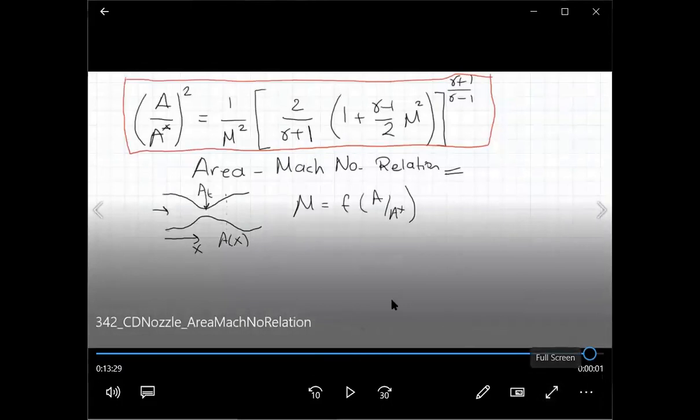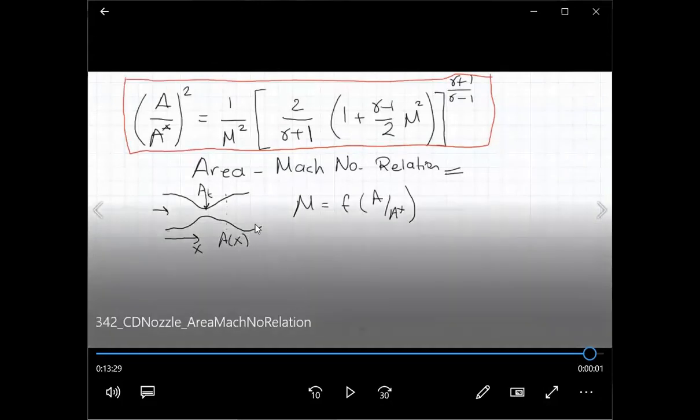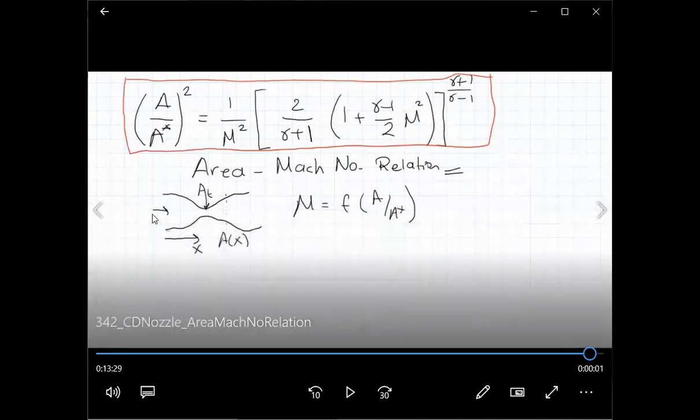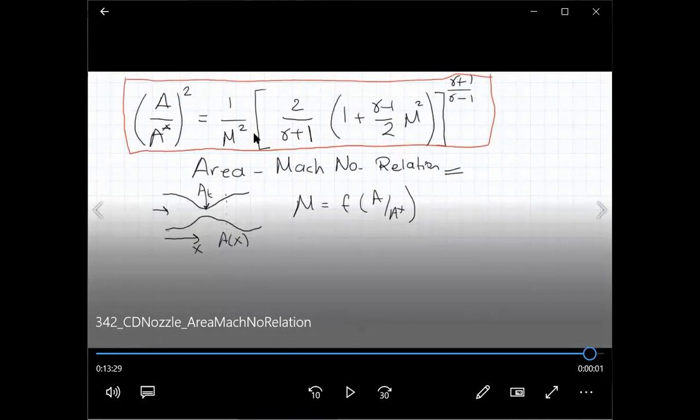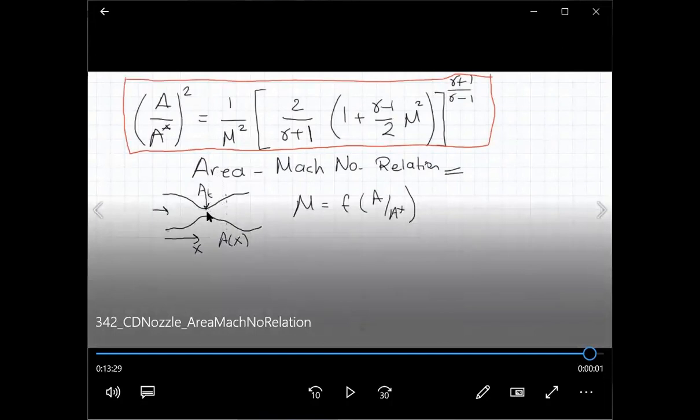Regarding the design of such a geometry, meaning a converging diverging nozzle geometry, if you know your inlet Mach number, so let's say at the left hand side it's coming in subsonic, you plug that inlet Mach number into this equation, and it will give you an A over A star value, meaning that in order to reach choked flow conditions at the minimum area location of this nozzle, your initial area, which is the left hand side inlet area, to the minimum area ratio must be equal to that numerical value for that given Mach number. That's what it means.